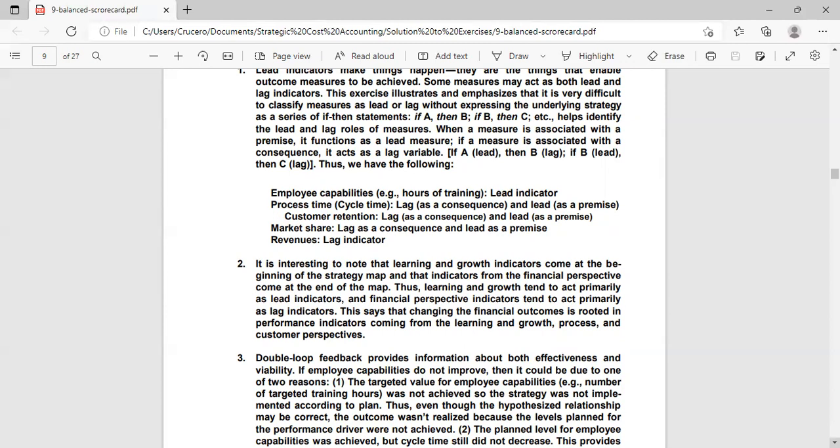So the strategy was not implemented according to plan. Thus, even though the hypothesized relationship may be correct, the outcome wasn't realized because the levels planned for the performance driver were not achieved.